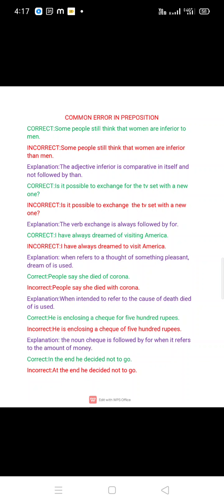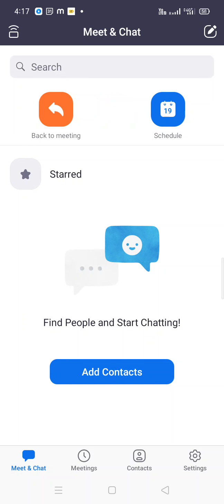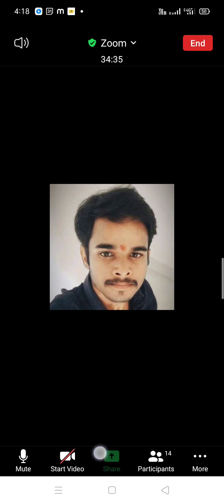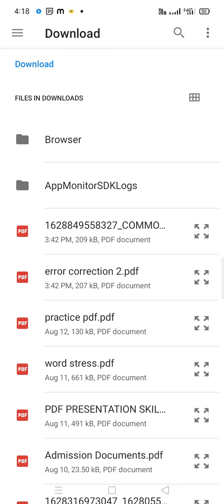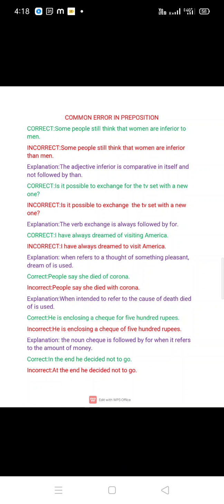Okay, because the noun check. Okay, so the noun check is followed by for. When it refers to the amount of money, that means when check refers to the amount of money, you should always use check for.